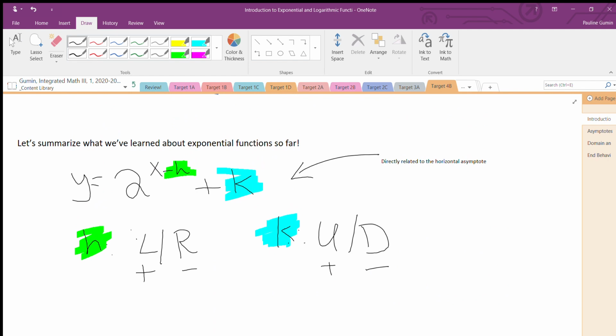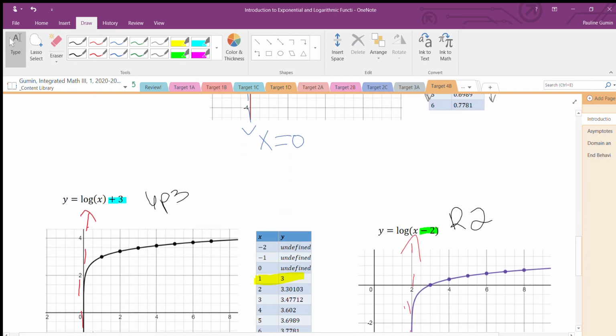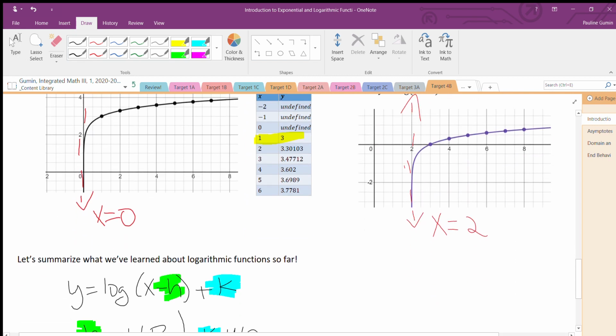In our exponential function, the asymptote was horizontal, which means it was a y equals. It was directly related to the part of the equation that moved us up and down, because that's what y's do. They're the vertical ones. They move up and down.